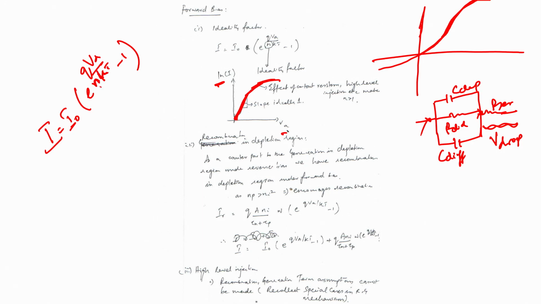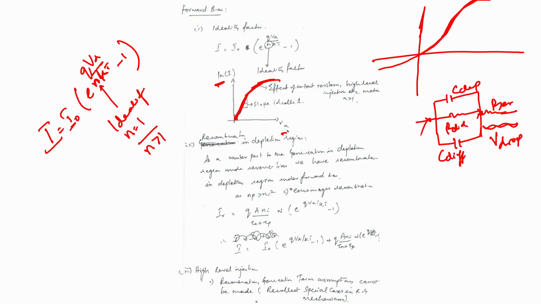This is a real number, and this n is called the ideality factor. It can be used to empirically model any such behavior in the p-n junction. If n is equal to 1, then it is behaving like a perfectly ideal diode. If n is greater than 1, then there are other effects that are damping the current in the diode.